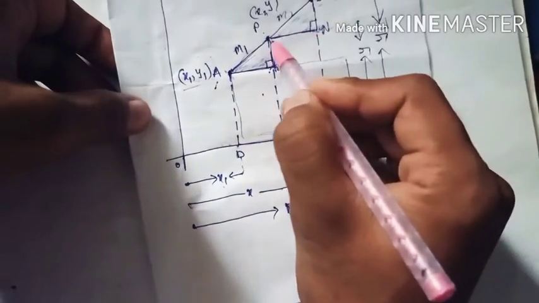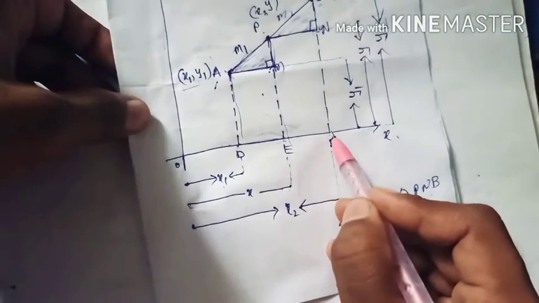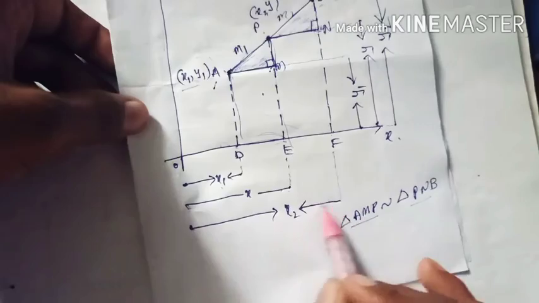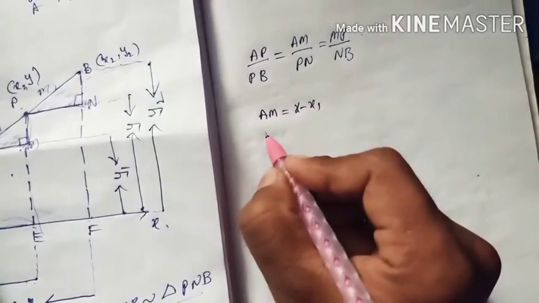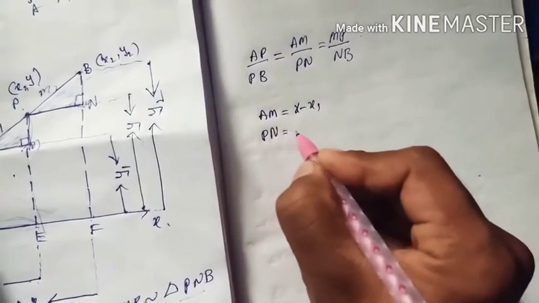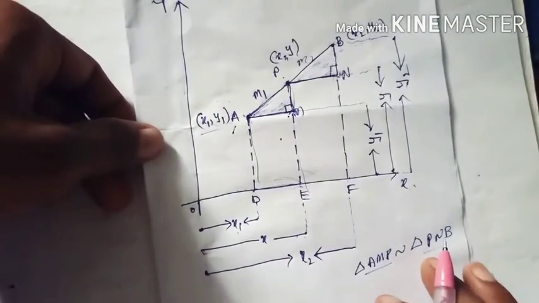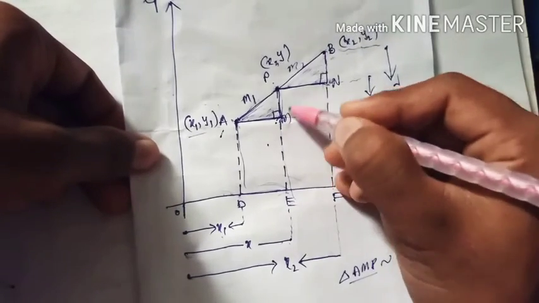Moving to PN, PN is equal to EF, so PN equals x2 minus x.